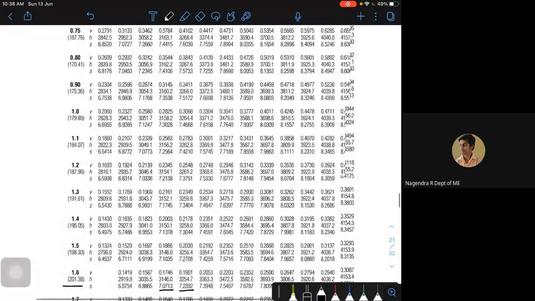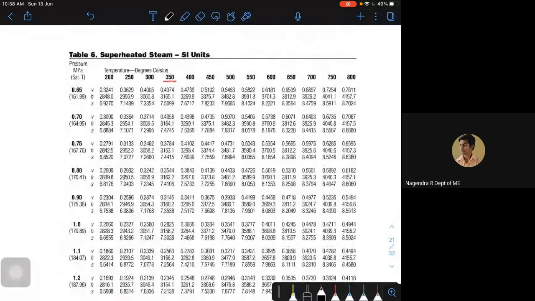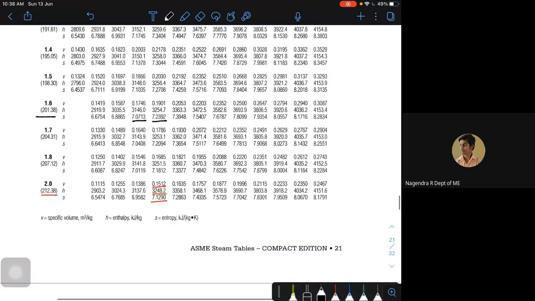Are you getting? Between 350 and 400 degrees Celsius, my entropy is between 7.0713 and 7.2348. At what pressure? It is at 16 bar.